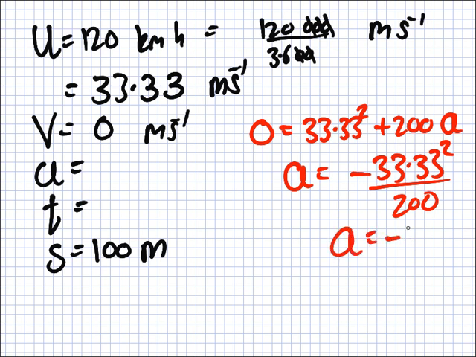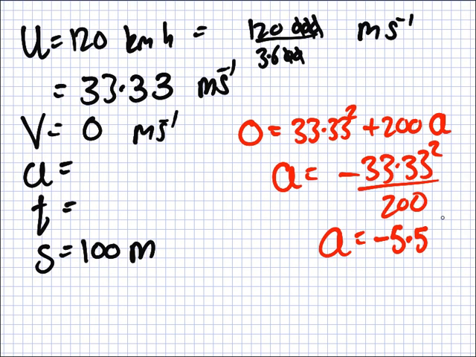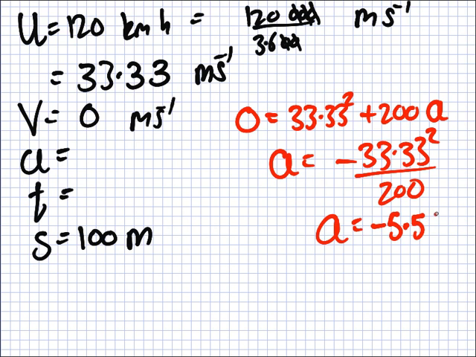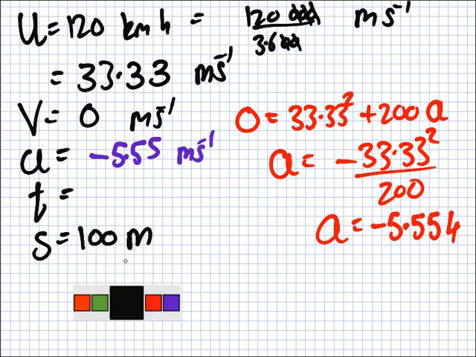Minus 5.54. What's after the 4? 5.554. So A is minus 5.55 meters per second squared.